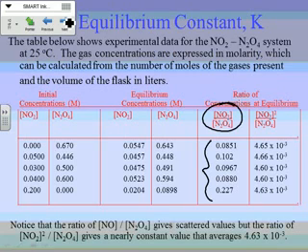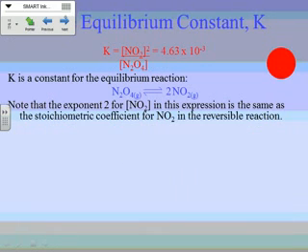Okay, but if you take the square of the NO2 concentration divided by N2O4, notice we get all these numbers that are exactly the same. Okay, and so what that's showing is, if we want to write our equilibrium constant expression for this reaction, it would be NO2 squared over N2O4.